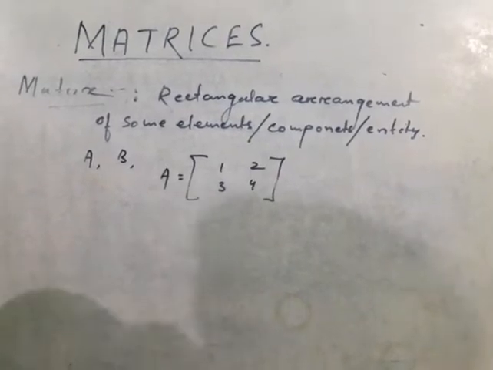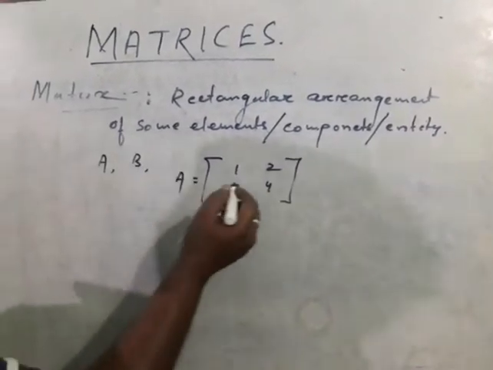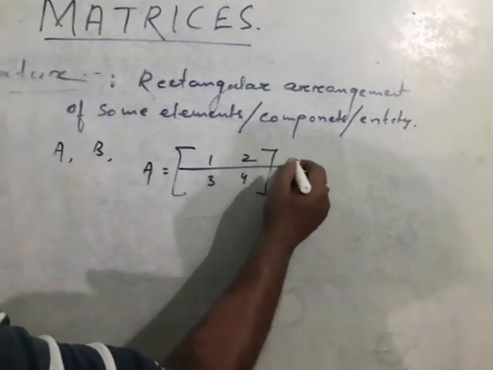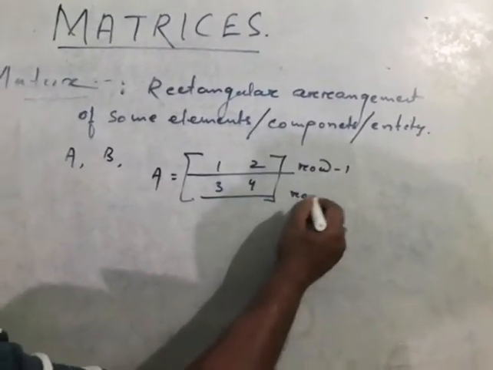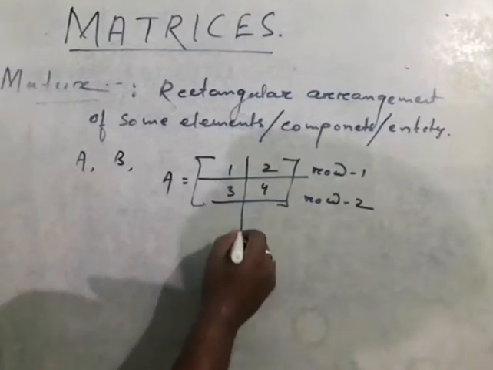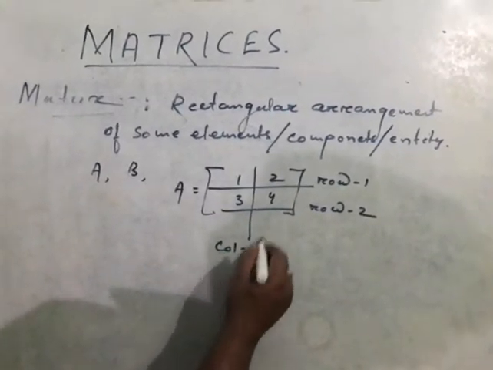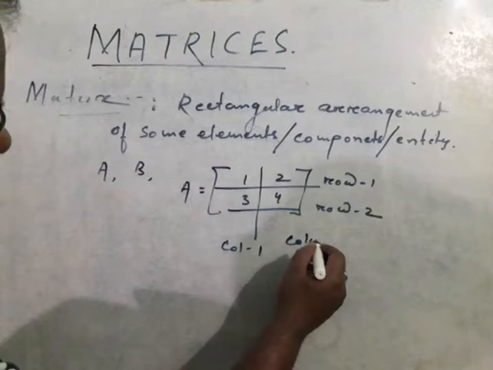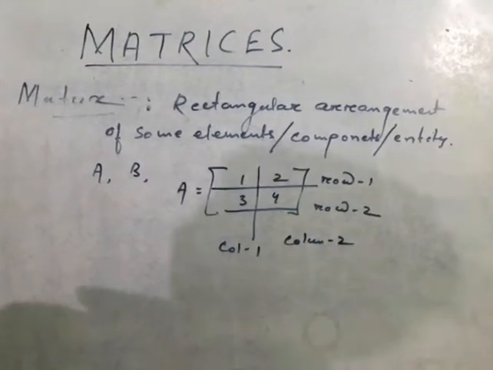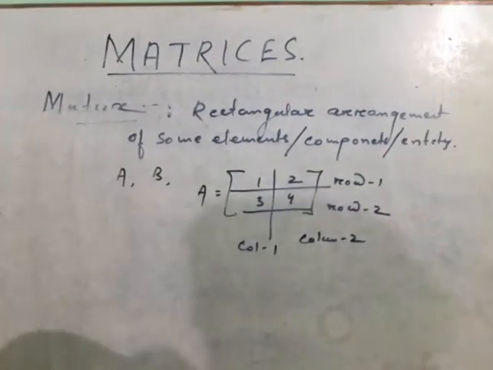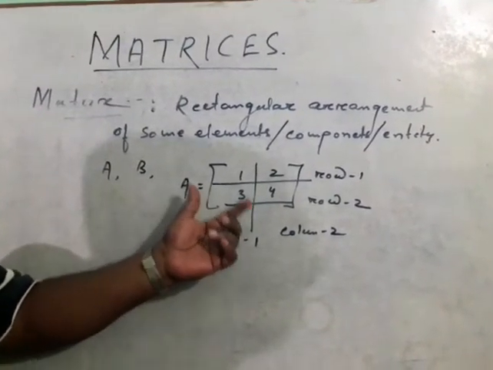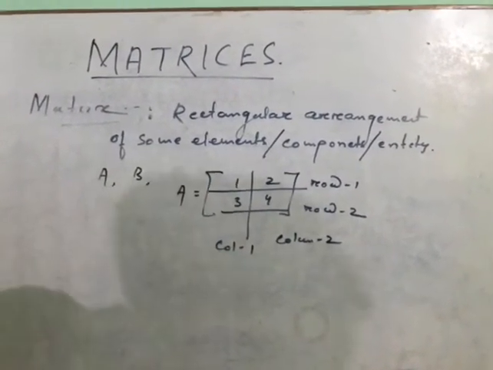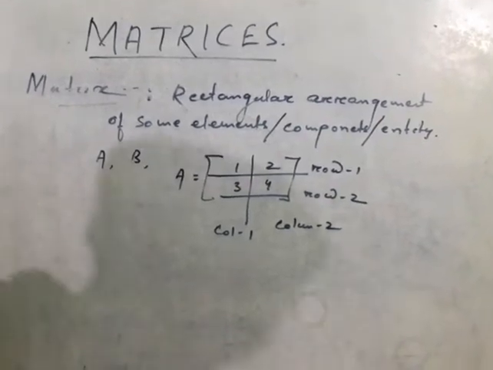Now, in this case, the components are arranged in rows and columns. So whenever these components or entities or numbers are arranged in rows and columns in a rectangular manner, then we can say this is a sort of matrix.